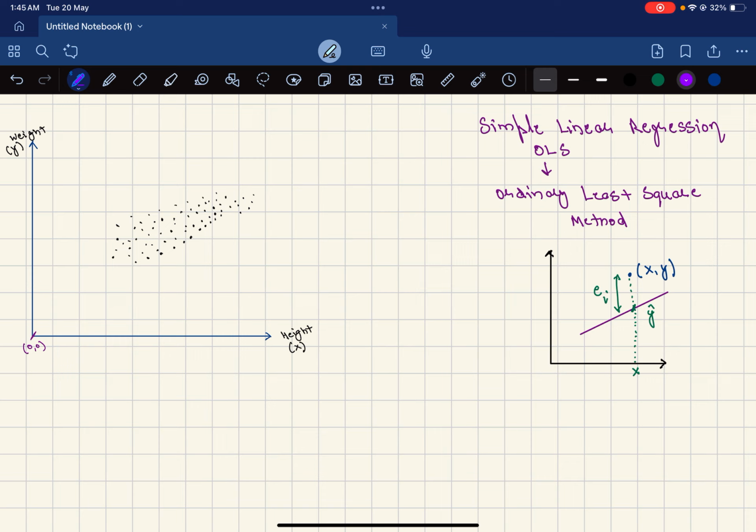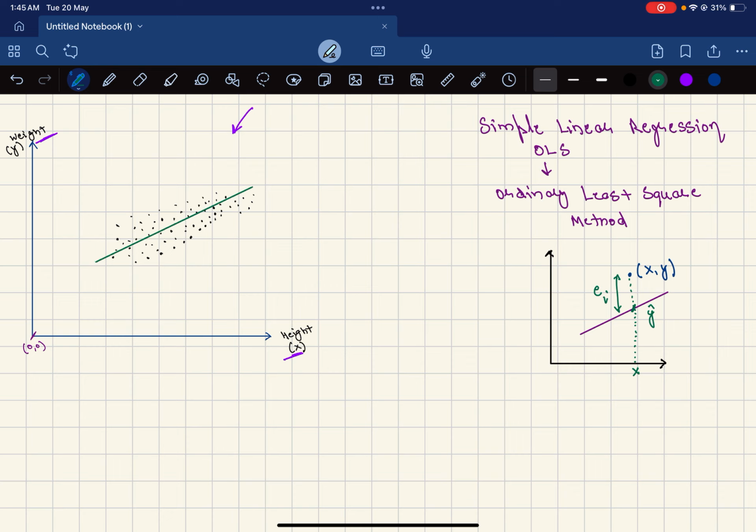If you look at this particular graph here, we are plotting height on the x-axis and weight on the y-axis, and each point here represents a student in a particular class. Our aim here is to get the best fit line which passes through these points.